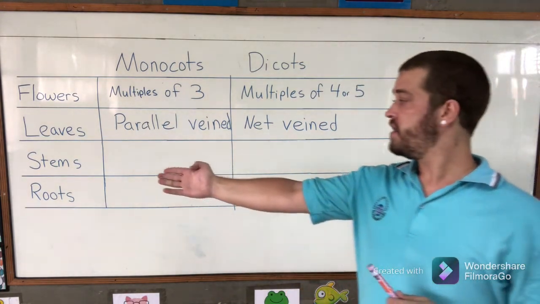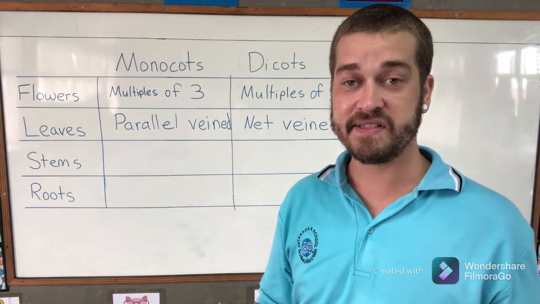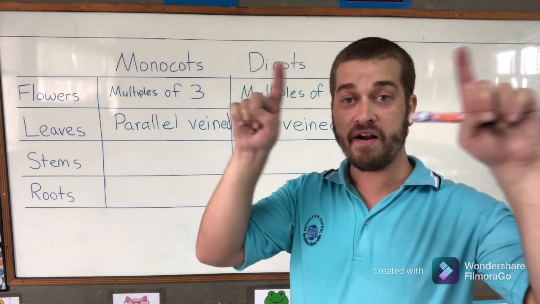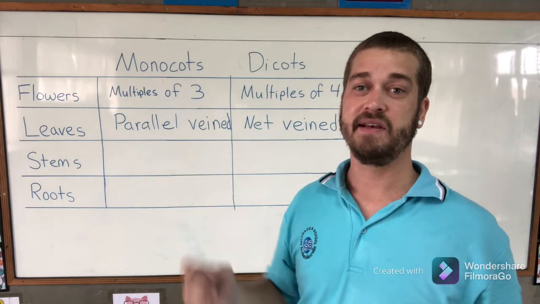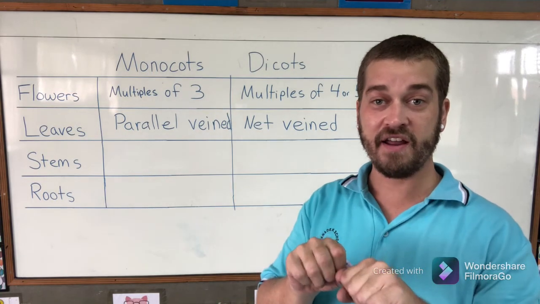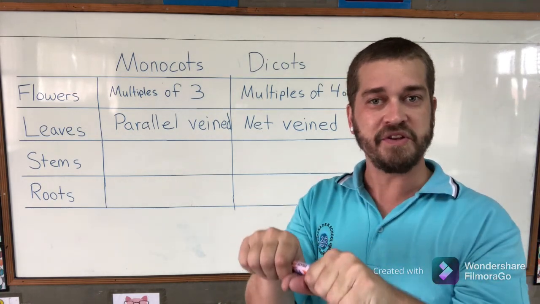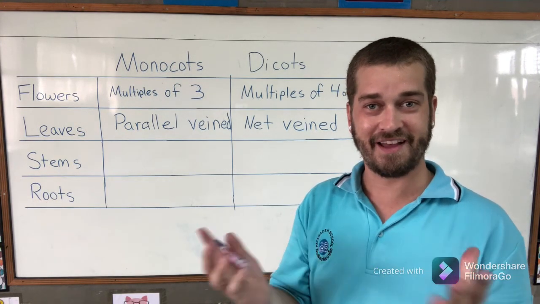What about our stems? Well, for monocots, like our banana leaves, they're hard on the outside, but squishy on the inside. Those are monocots. Dicots look a lot like wood. They're hard all the way through, and they crack when you bend them, rather than bend or squish, okay?